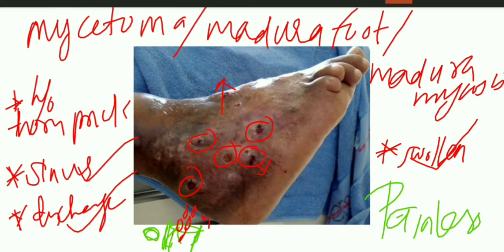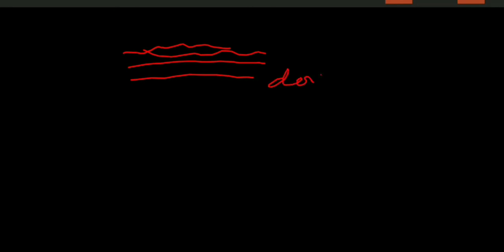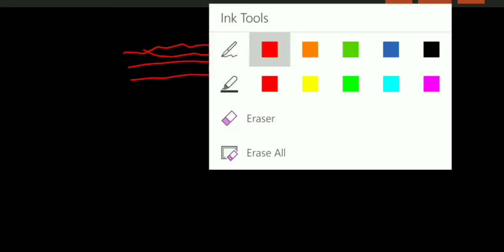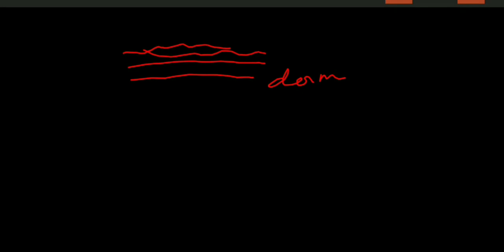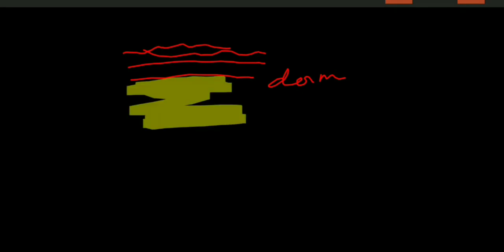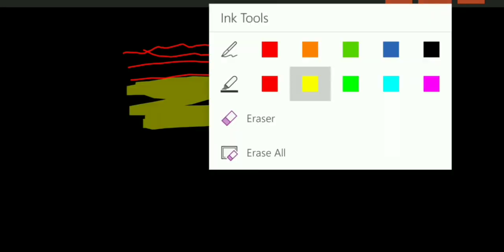Now you have to remember that we know this is the epidermis and this is the dermis. After that you have the subcutaneous tissue, then after that you have the bone.